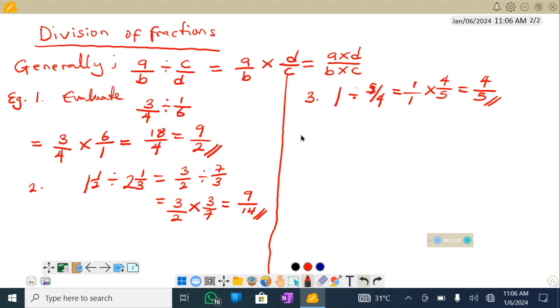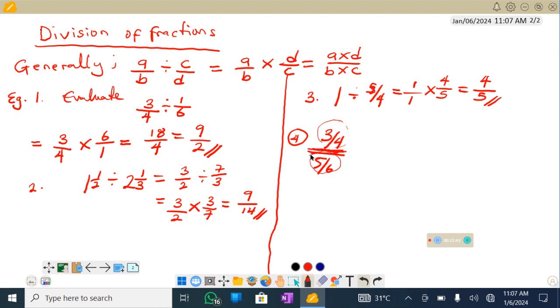Now, sometimes we might have something that is like this. Let's say 3 over 4 all over 5 over 6. So all you need to do is take this one as a single fraction, this one as a single fraction, and this all over, you change it to what?